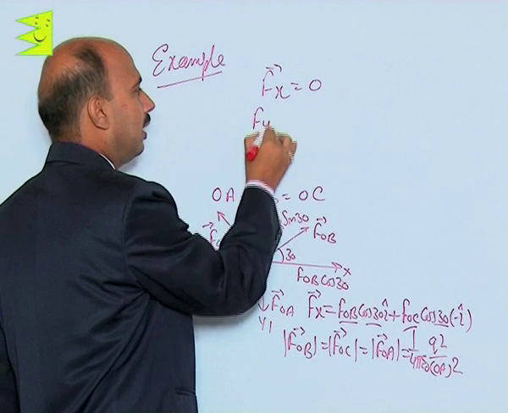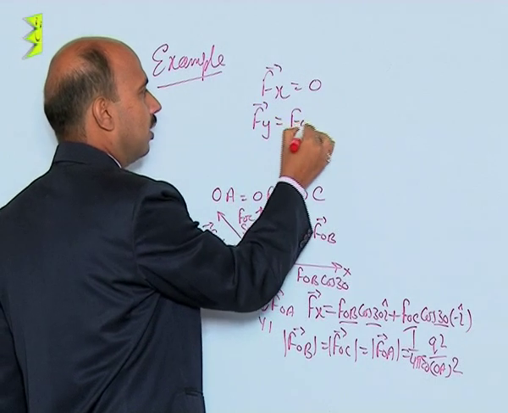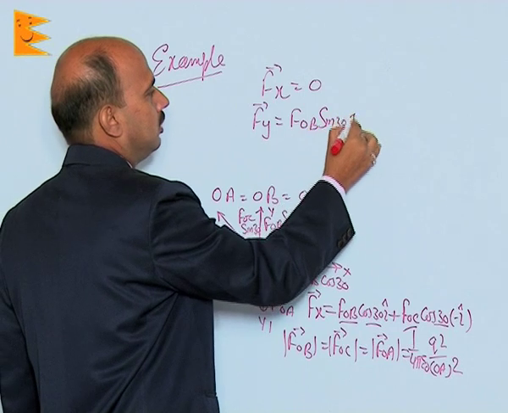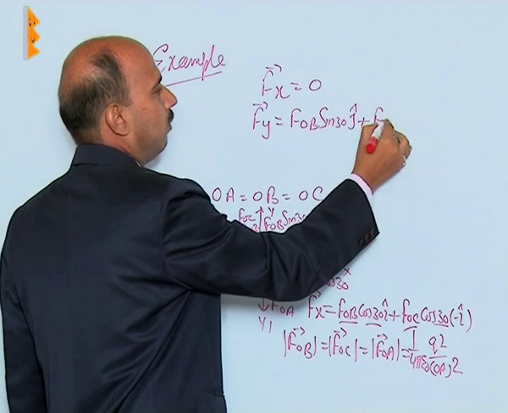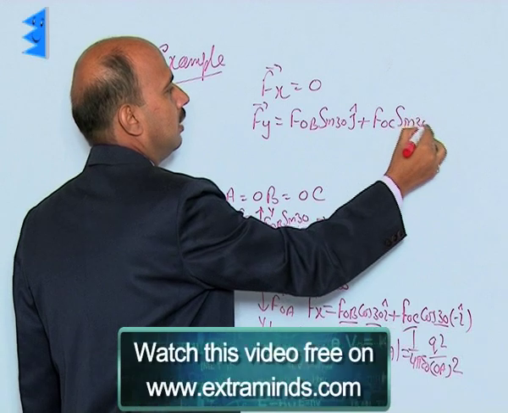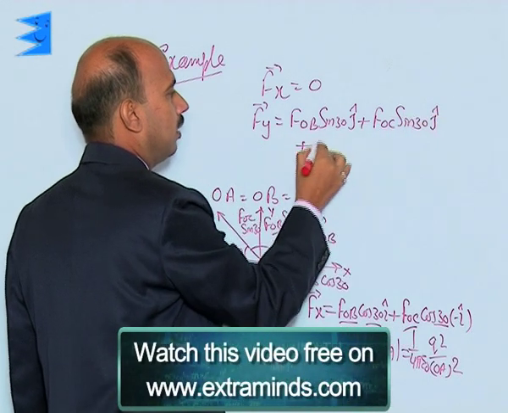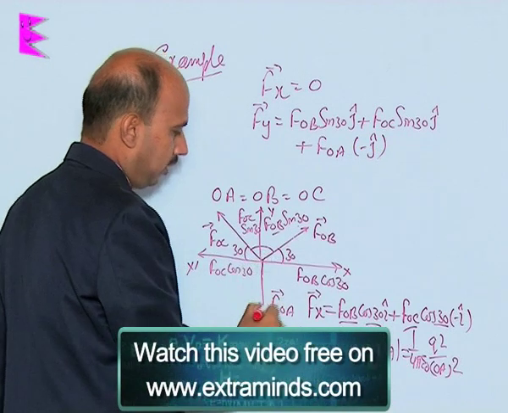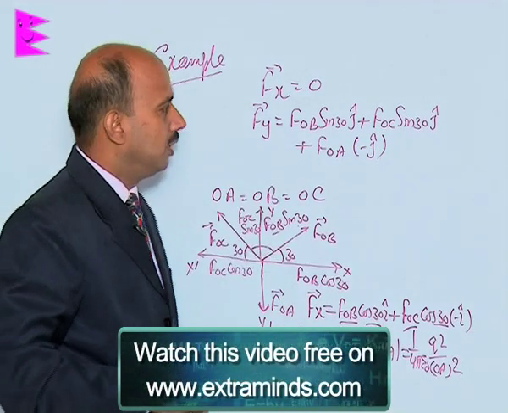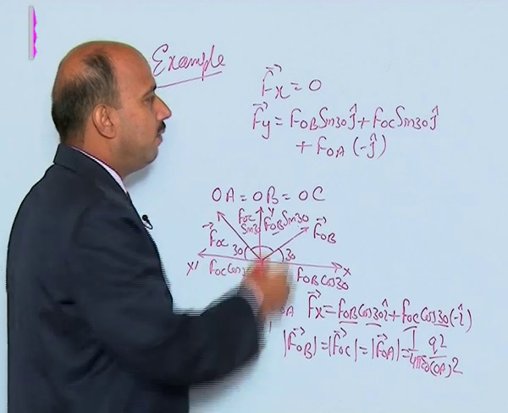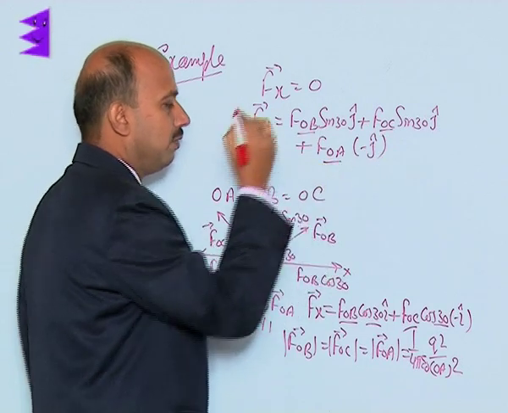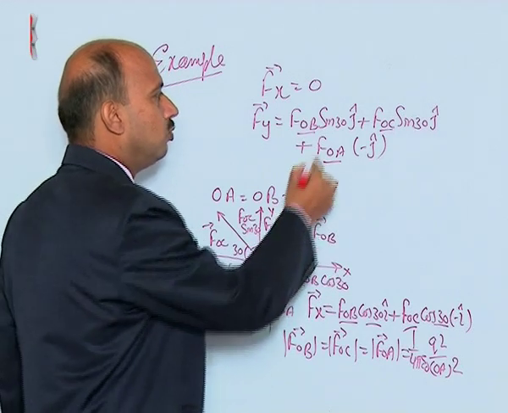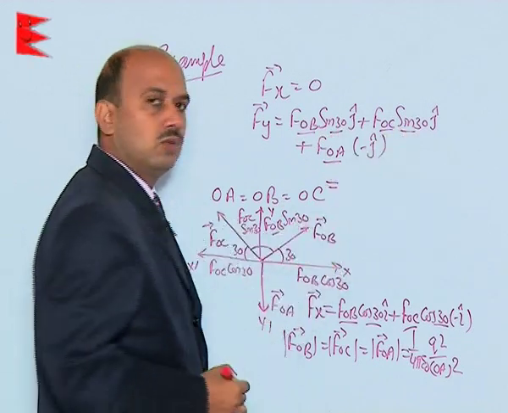Similarly, we can write net force along y axis: FOB sin 30 j cap plus FOC sin 30 j cap plus FOA minus j cap. This is on this side, so that can be written minus j cap. Again here FOB, FOC and FOA are equal. So sin 30 is 1 by 2.